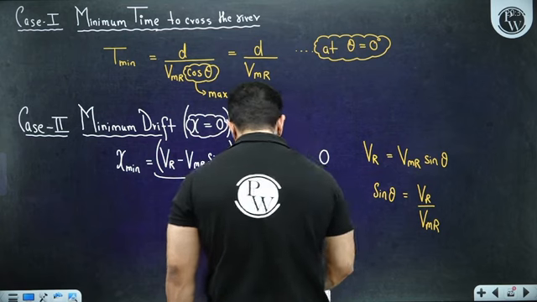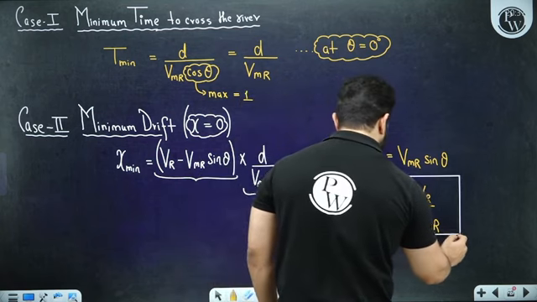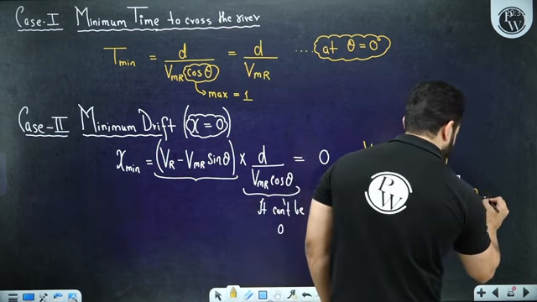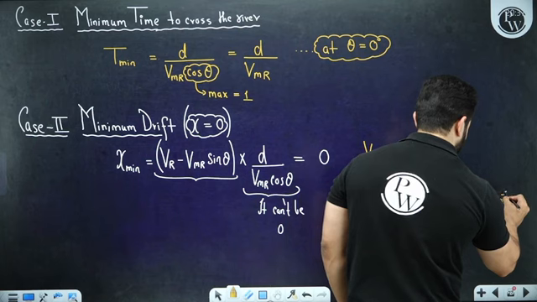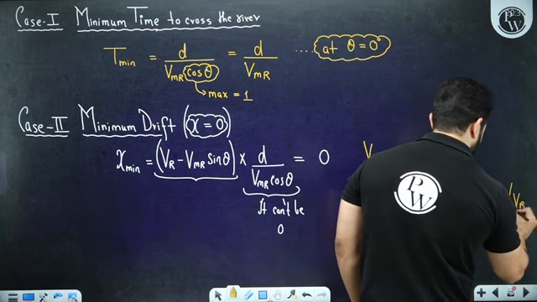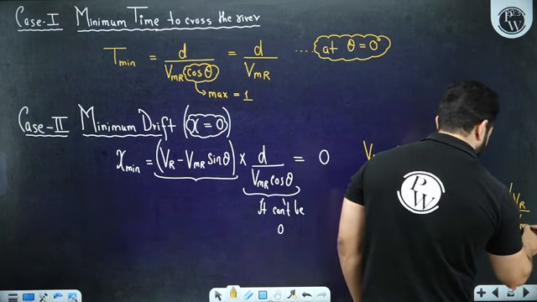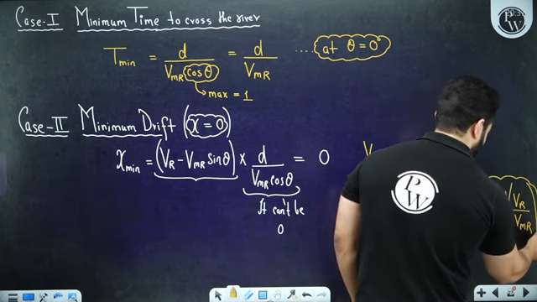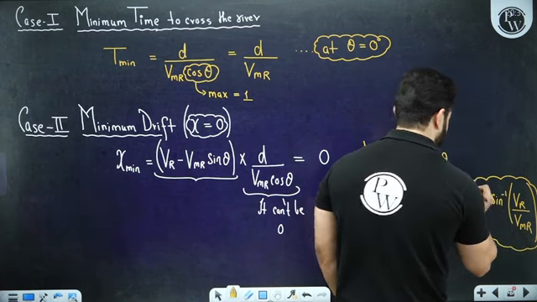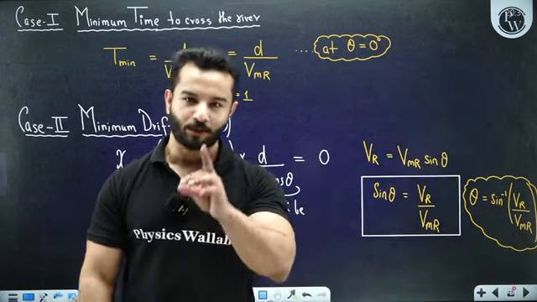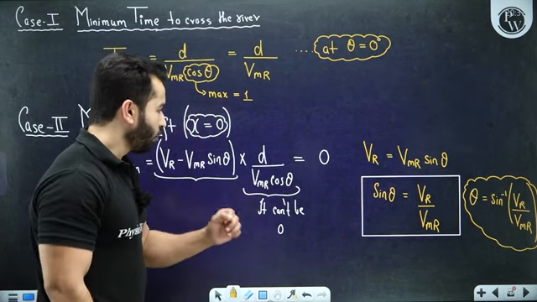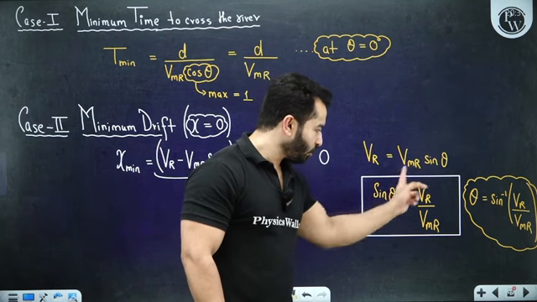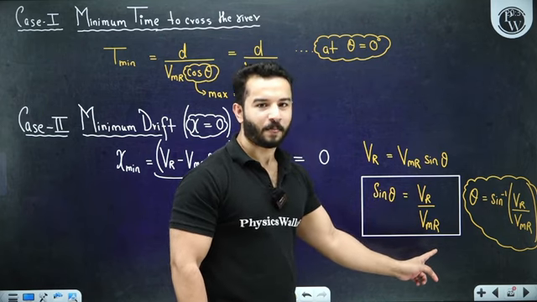Now from here we'll have some different things as well, which basically means theta would be sine inverse of VR by VMR. So if the person swims at this angle, then there is a possibility that there will be minimum drift. Why am I saying possibility? Because there is also one more condition. You obviously know that if this is sine theta, this value should be less than 1, right?